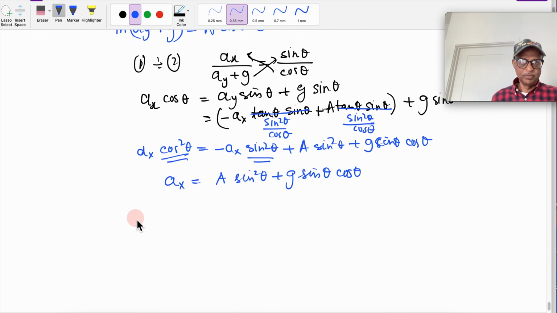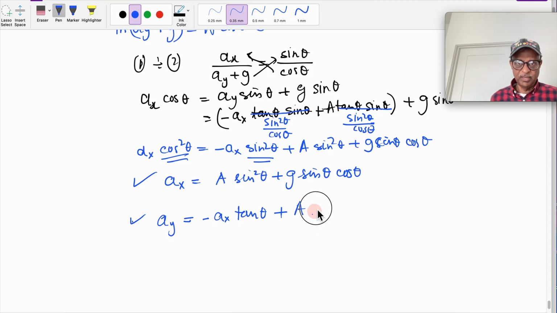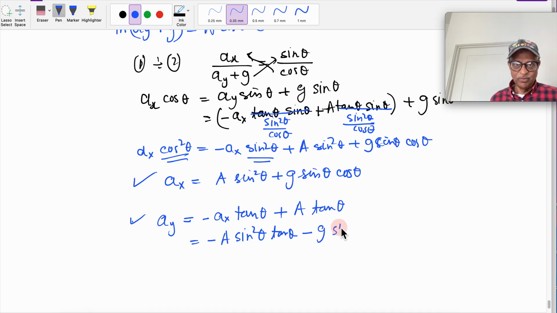How about ay? This is one answer. Another one will be ay is minus ax tan theta plus a tan theta. So ax is this, becomes minus a sine square theta tangent theta minus g sine theta cosine theta tangent theta plus a tangent theta.